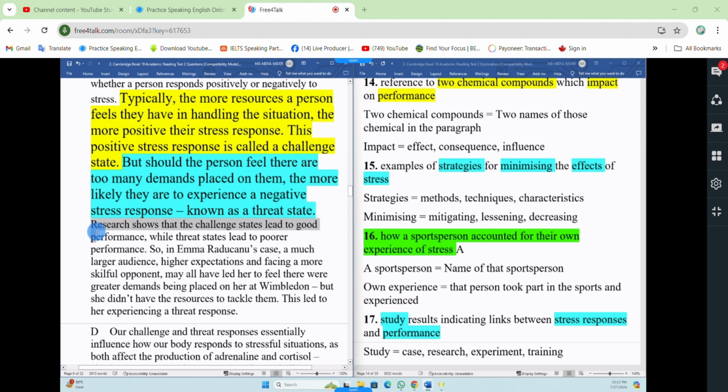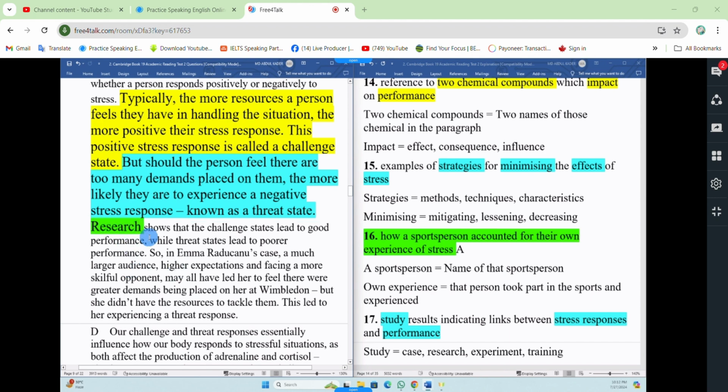Research shows, yes, we've got the word research. Research shows that challenge states lead to good performance while threat states lead to poorer performance. So challenge states mean positive stress response, right?